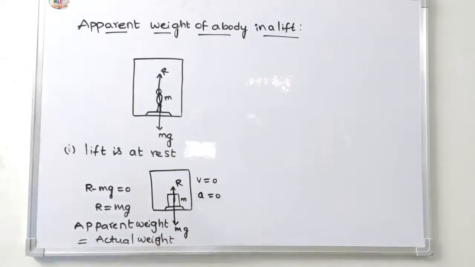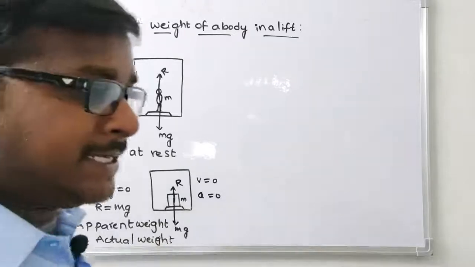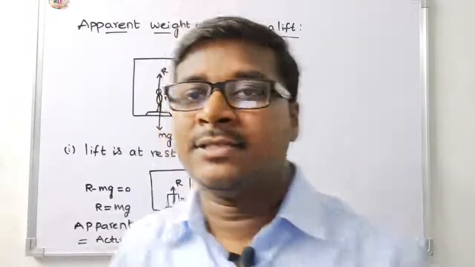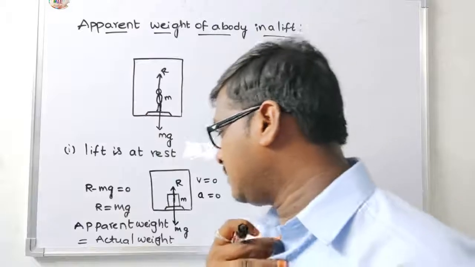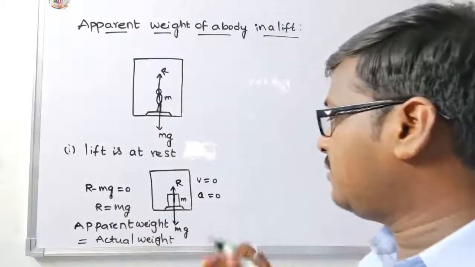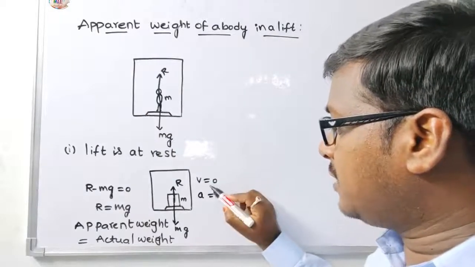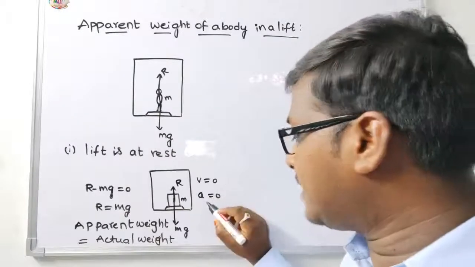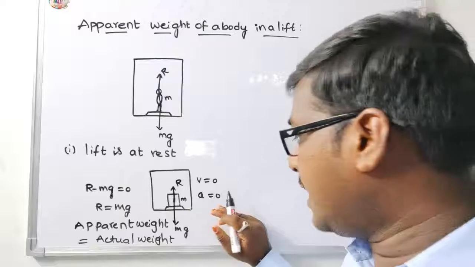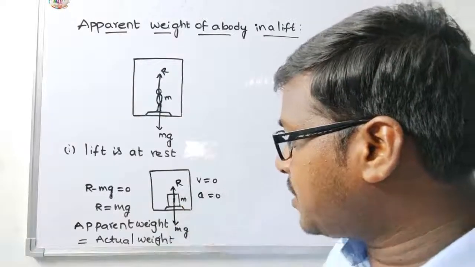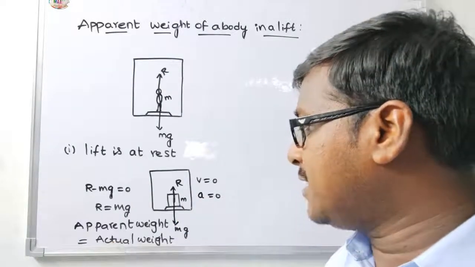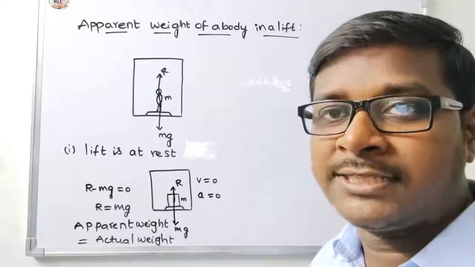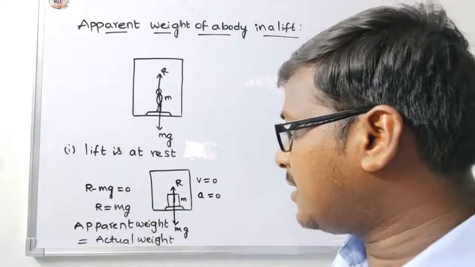Lift is at rest, so the lift is not moving, that is the rest position, then velocity will be 0 and acceleration is equal to 0. In this equation, R minus mg is equal to 0, then R is equal to mg.